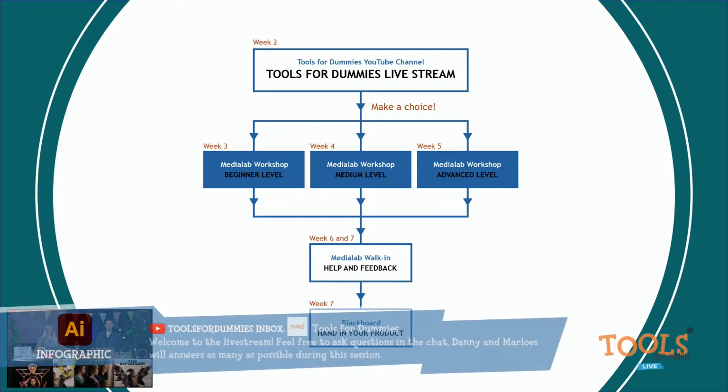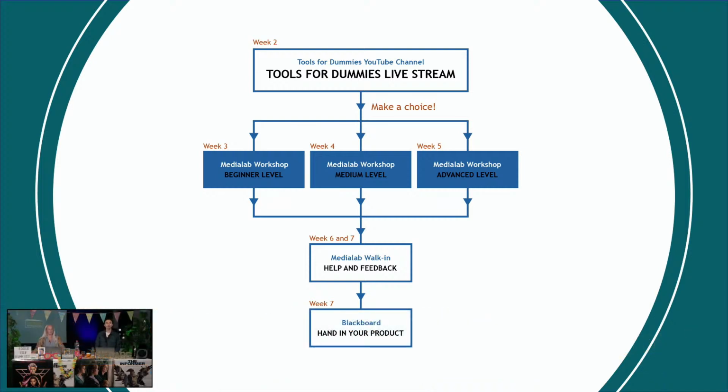Then after that, in week 4, you have the medium level workshop, which is for everyone who does understand what we did today, but wants to learn a little more about Illustrator and some extra techniques to make your infographic nice and beautiful.